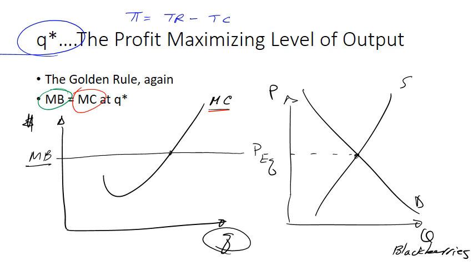As you can see, every single point to the left of this Q star is going to have a lower marginal cost than it would have a marginal benefit. So you could take this Q here and you would see that it is going to generate a much smaller cost, let's say $2, than what you'd be able to sell it for.